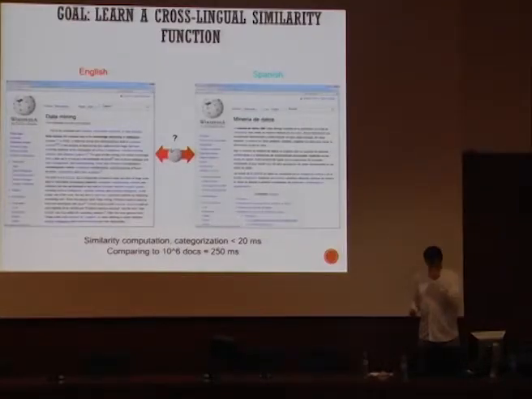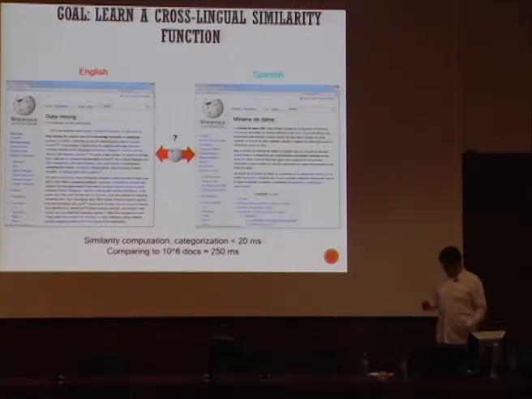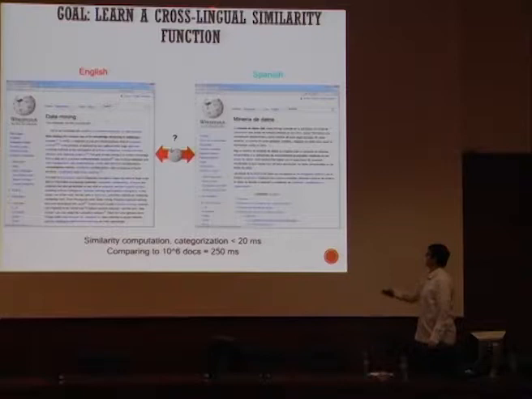So this is our goal. We would like to, like I said before, learn this cross-lingual function. And here's one example. We have one English document about data mining, and here's the Spanish document about data mining also.